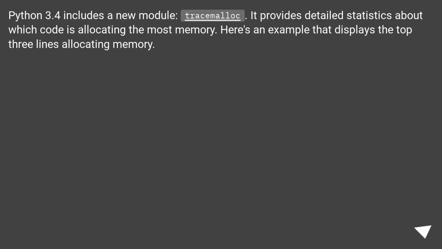Python 3.4 includes a new module, tracemalloc. It provides detailed statistics about which code is allocating the most memory.